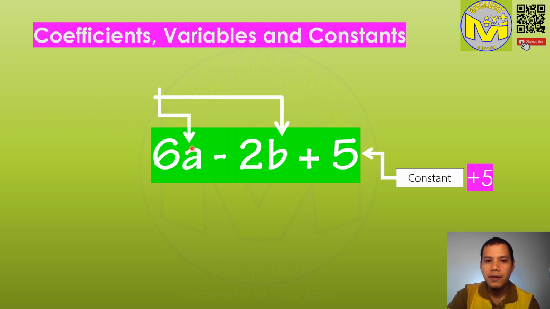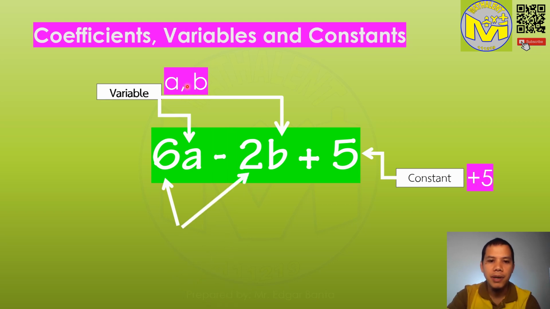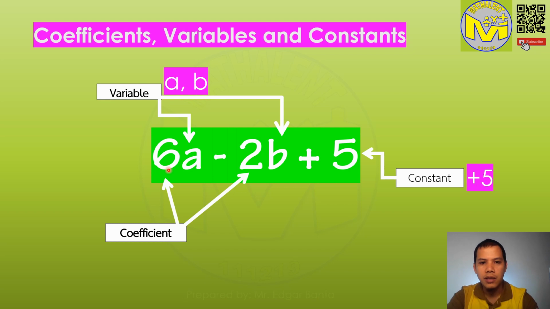And also, a is a variable. So we can say that a and b are variables. In this expression, we have two variables. Next, 6 and -2. These two numbers are coefficients. So we have two coefficients in this expression, 6 and -2. Now you understand.